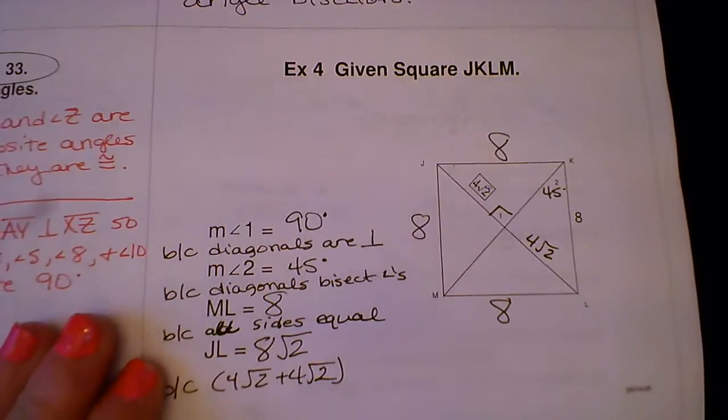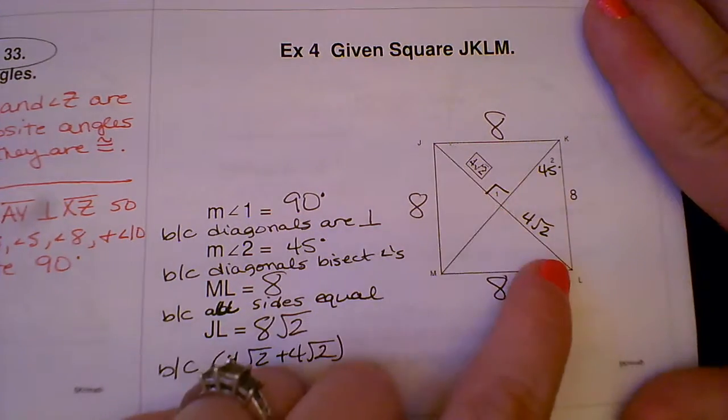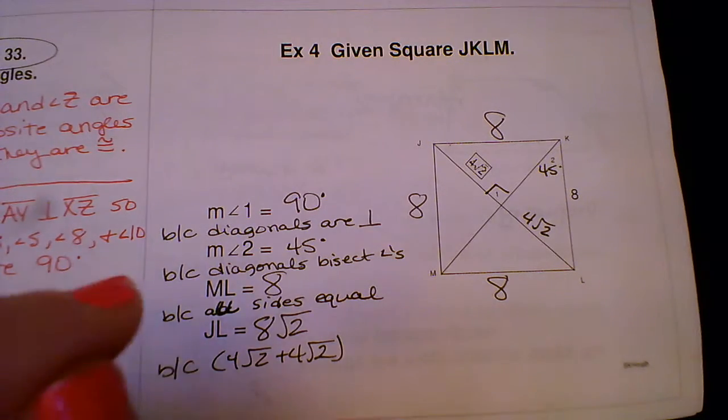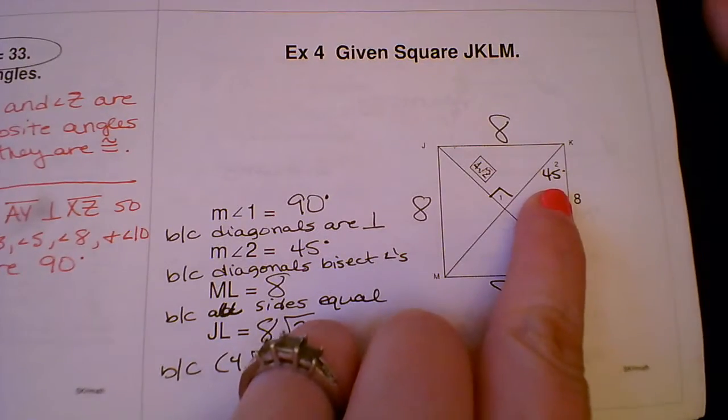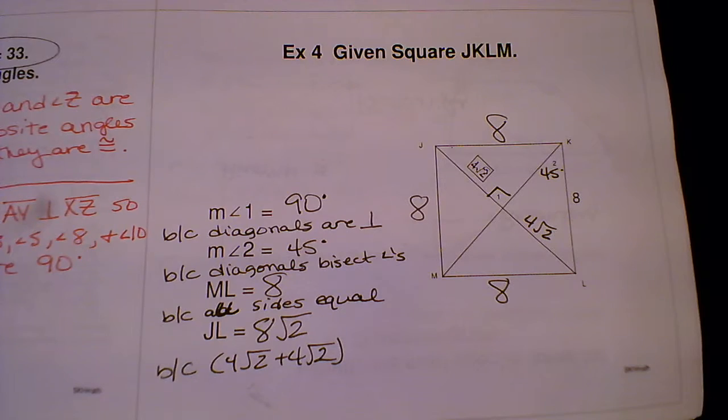In example 4, we know the measure of angle 1 is 90 here because the diagonals are perpendicular, so they make a right angle. We know the measure of angle 2 has to be 45 because the corners are bisected by the diagonals.